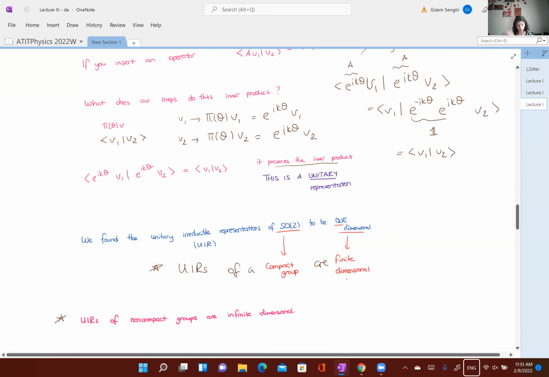On the opposite side, for non-compact groups, the unitary irreducible representations are infinite dimensional. This is why when you talk about spin, you talk about finite dimensional representations.